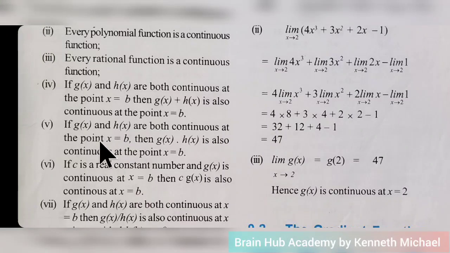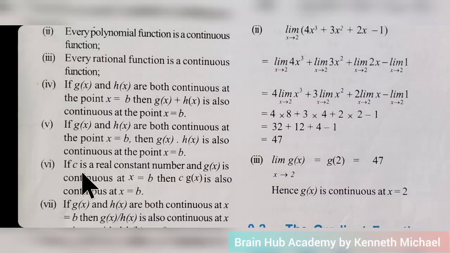All right, the next property is that if g of x and h of x are both continuous at the point x equals b, then g of x times h of b, remember I told you this is b, is also continuous at the point x equals b. Now if c is a real constant number and g of x is continuous at x equals b, then c times g of x is also continuous at x equals b.